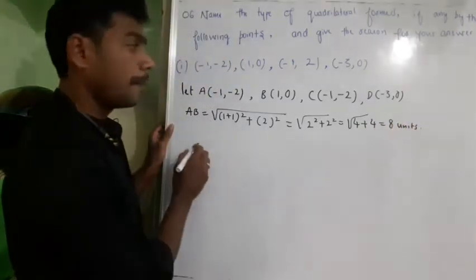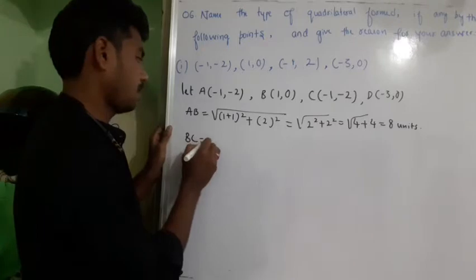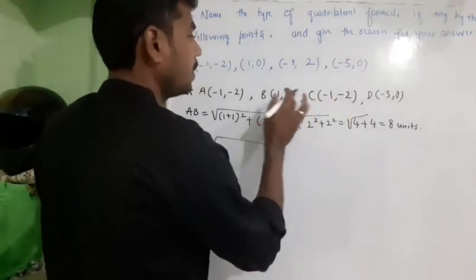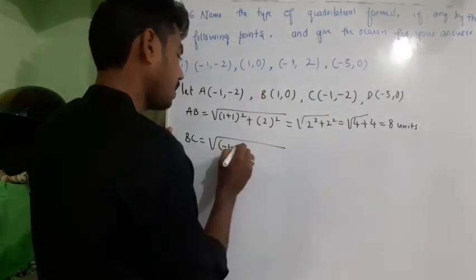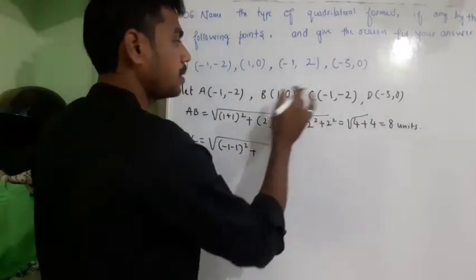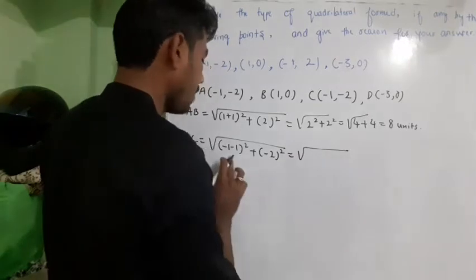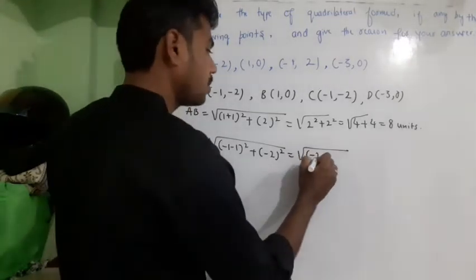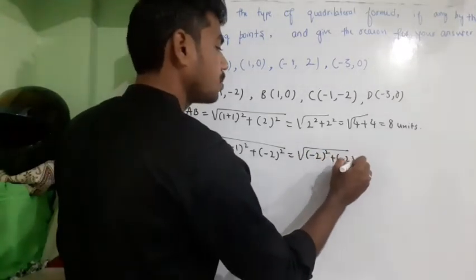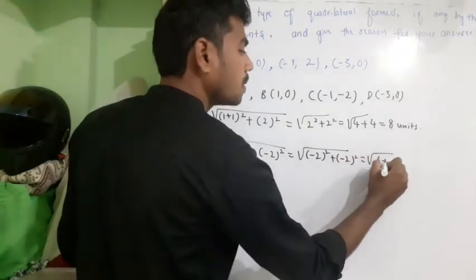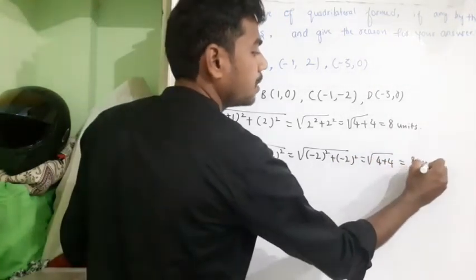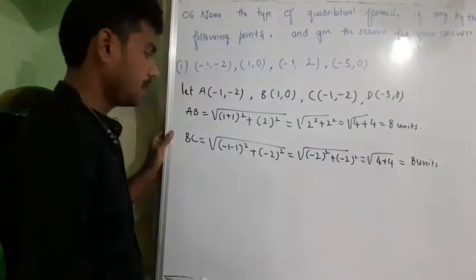Next, BC is minus 1 whole square, plus (minus 2 minus 0, that is minus 2) whole square, which is equal to minus 2 square plus minus 2 square, which is equal to 4 plus 4, which is root 8 units. Any confusion?